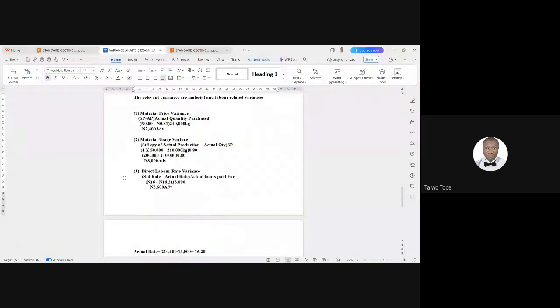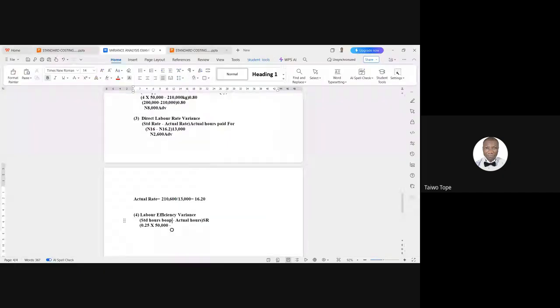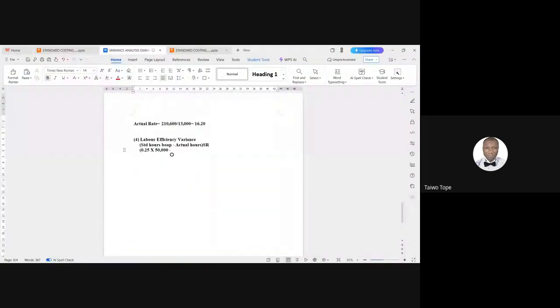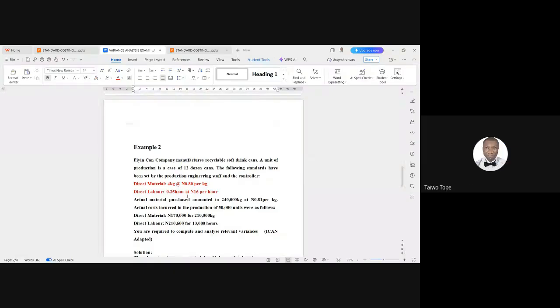Minus the actual hours. The actual hour is what? 13,000, direct labor actual 13,000 hours. In relation to the standard rate, what is your standard rate? 16 naira per hour.